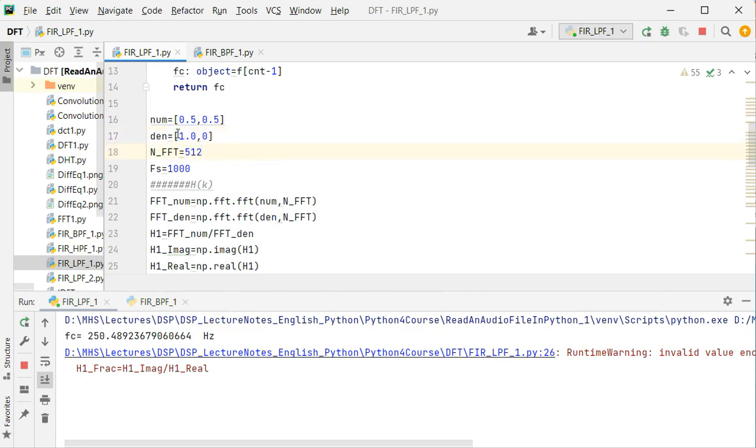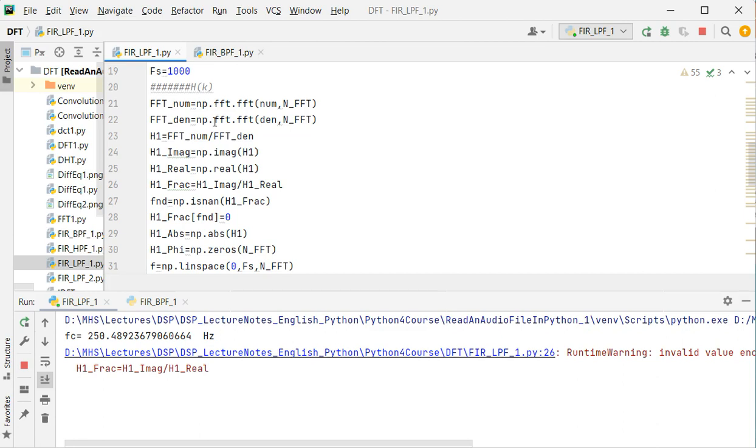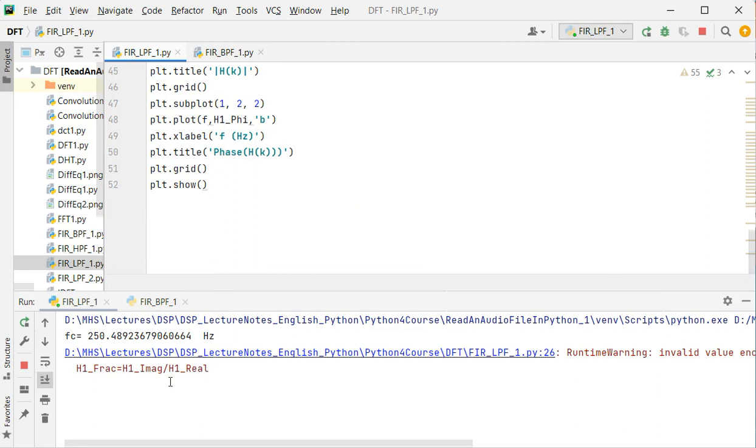There is no denominator, or say it 1 plus 0 times z minus 1 plus 0 times z minus 2 plus and so on. Number of FFT samples 512. Sampling frequency 1000 hertz. And here the details. Now, cutoff has been calculated to be 250 hertz.